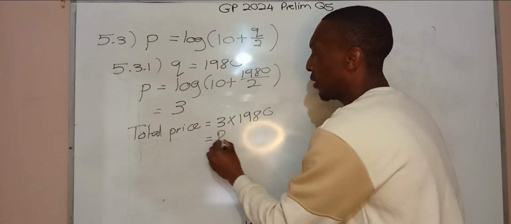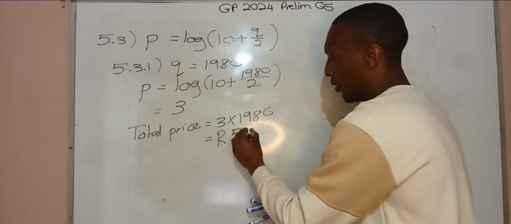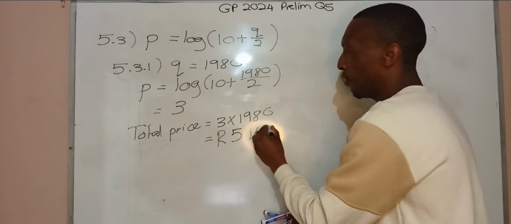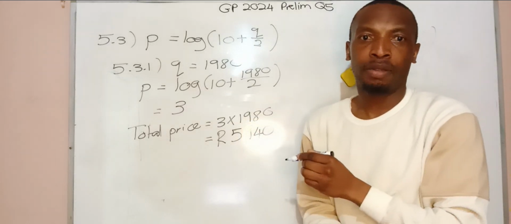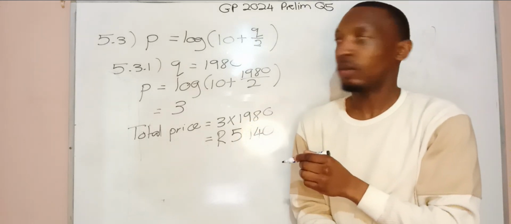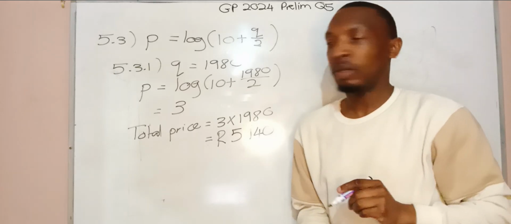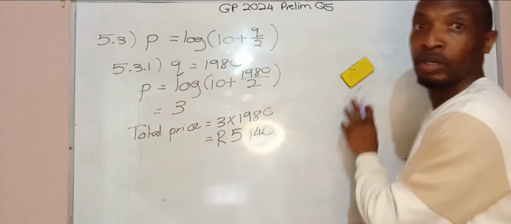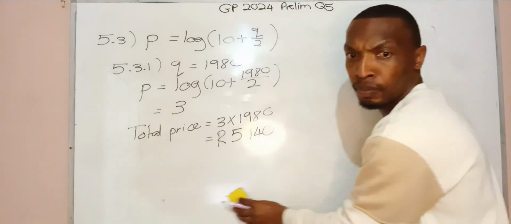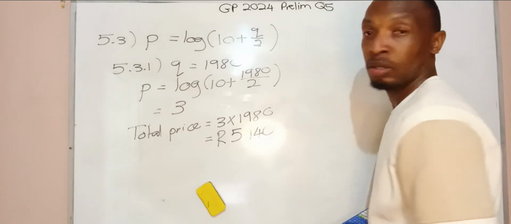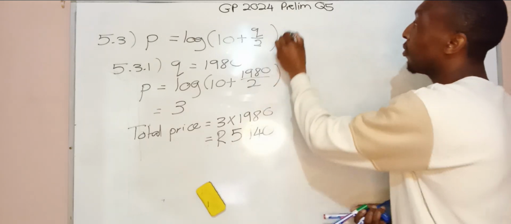So that means that the total price is 5,940 Rand. 3 easy marks. That's 5.3.1. Let's look at 5.3.2, the last question of question 5.